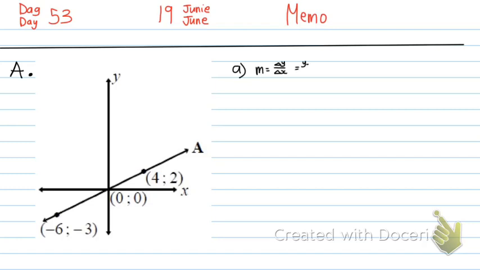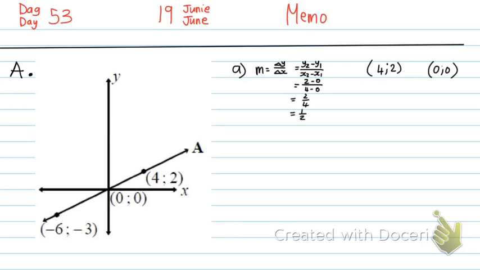Delta y over delta x is y2 minus y1 over x2 minus x1. I'm going to use the points (4, 2) and (0, 0). You could have used any of those points. Now I'm going to substitute it into the equation. 2 minus 0 over 4 minus 0 is 2 over 4, which is a half.